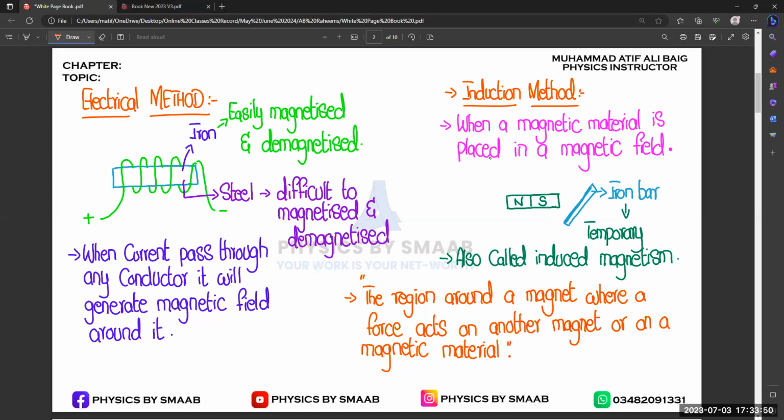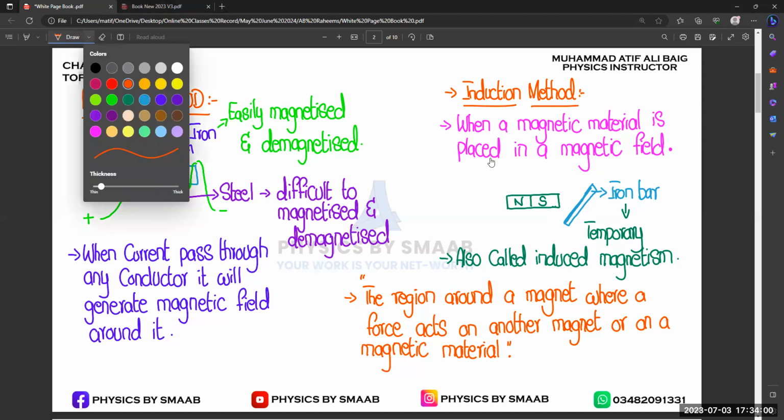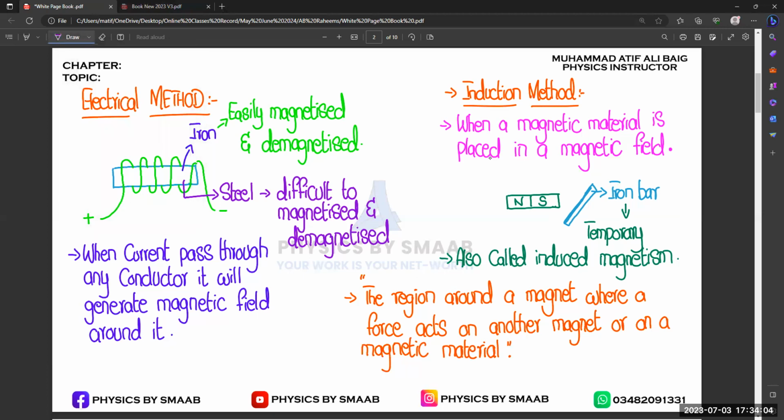So this is the region where a magnet can apply a force on any other magnet or magnetic material. Basically this property is known as the magnetic field. So this is the concept of magnetic field, right?